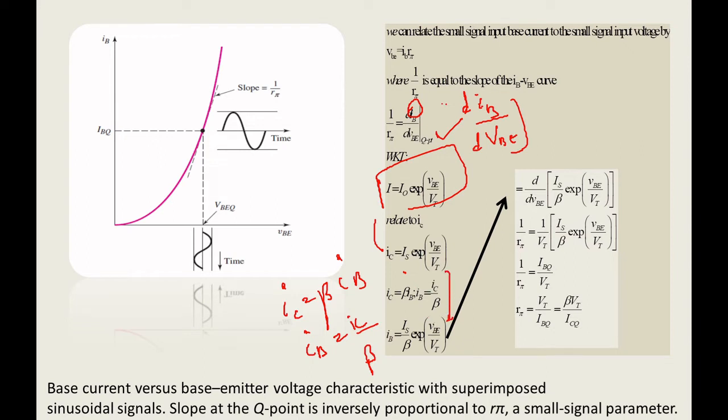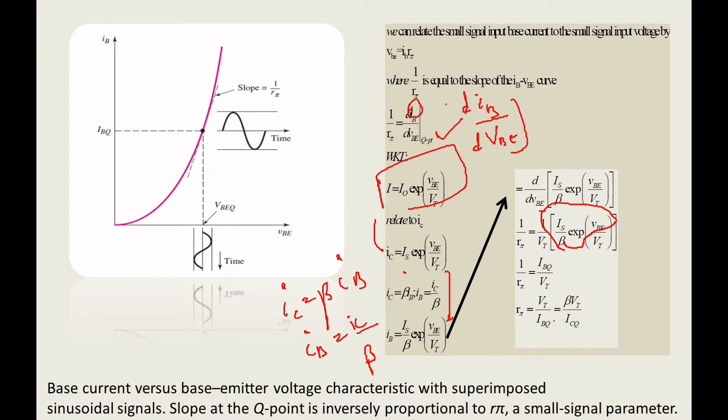Now you know the relation, that is the change of IB with respect to VBE. So you are doing the differentiation with respect to VBE. So you will be getting 1 by VT times IS by beta exponential of VBE by VT. This whole term is called IBQ, so IBQ by VT. Now I want to rewrite in terms of R pi. I have taken 1 by R pi, and I am doing the reverse. So you will get VT by IBQ.